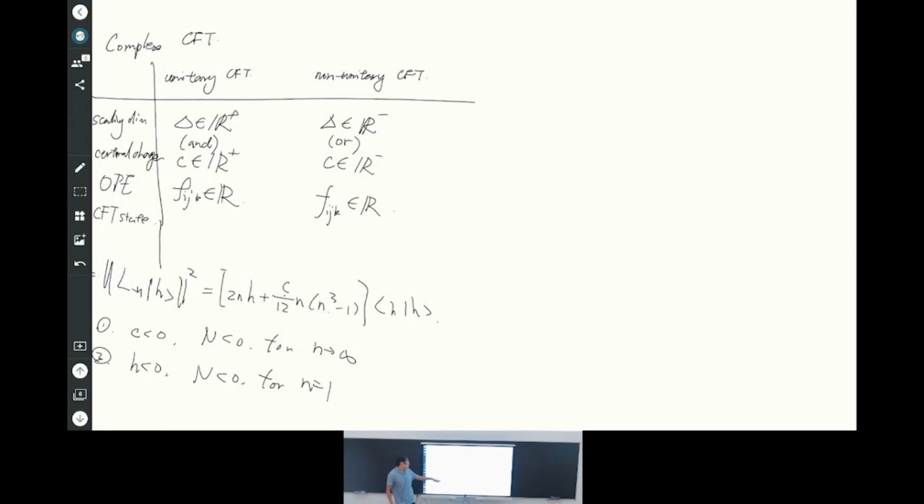I just think about this simple condition for the two-dimensional case. The set of all operators that you want to include in your theory, is the scaling dimension supposed to be coming from below or not? That's not my question. My question is whether the set of scaling dimensions is bounded from below. Because if it is not, why would you believe the OPE would converge, or why should the bootstrap be optimized?